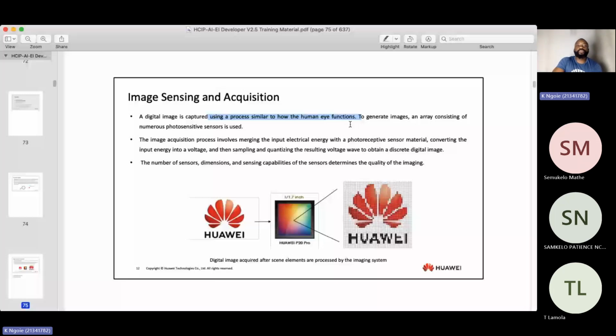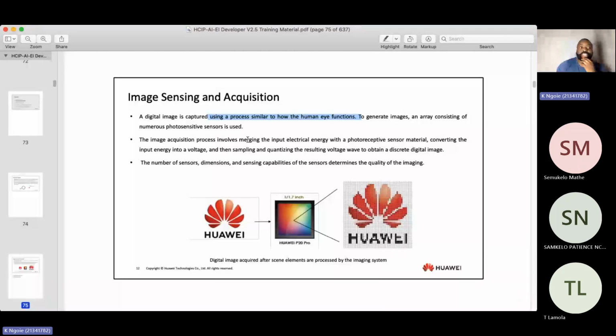So in the human eye component, we have the lenses, which have the function to focus light onto the retina. But in AI, we have camera lenses and optics, right? So we have different parts of the eye, and in AI we also have those.